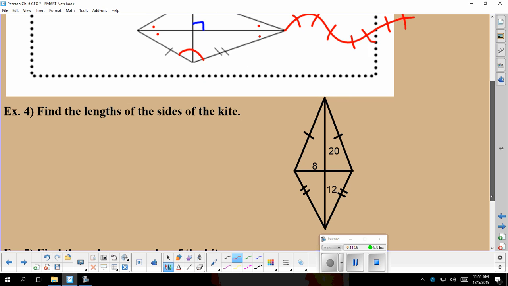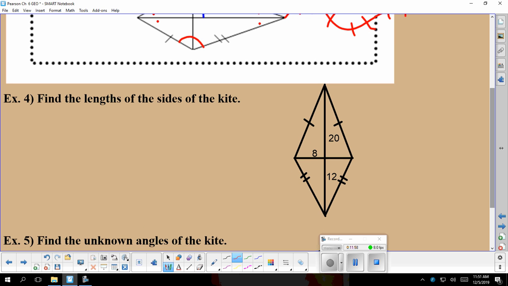So find the lengths of the sides of the kite. All right, so these two are congruent. So that's 8. This is 8. This long one's 20. What type of triangles do I have? Right triangles. So let's go ahead and solve for our sides.